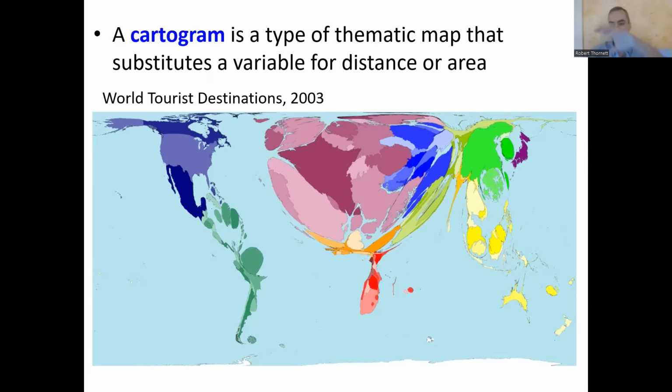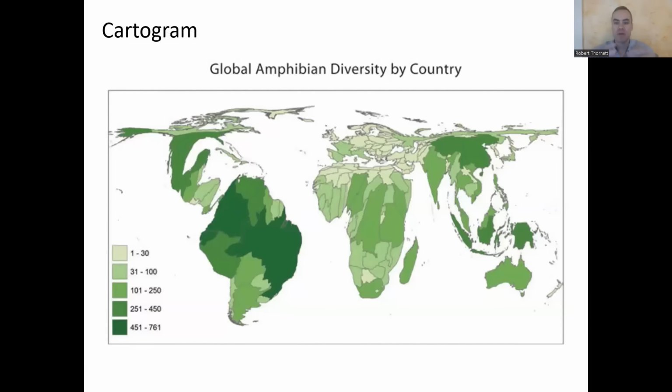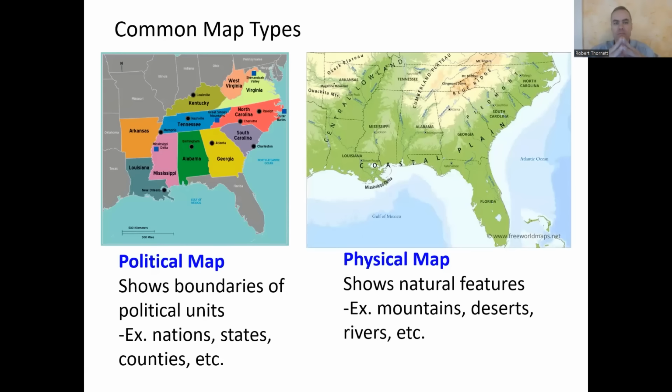Because in this one, the northern hemisphere was, generally speaking, inflated. But here, the southern hemisphere is the one that's largely inflated because they have much more amphibians down there than in the northern hemisphere. So it's interesting to see what you get when you create a cartogram by using some theme, some variable to distort the areas on the map.